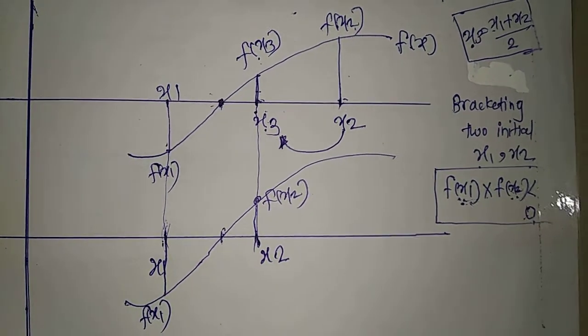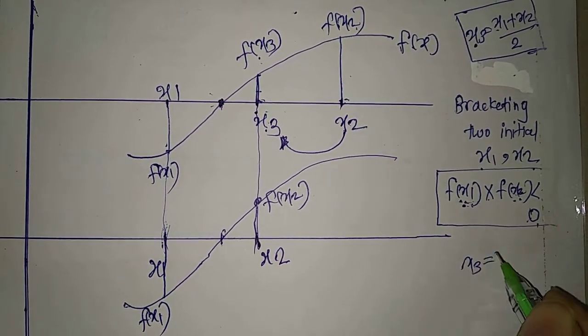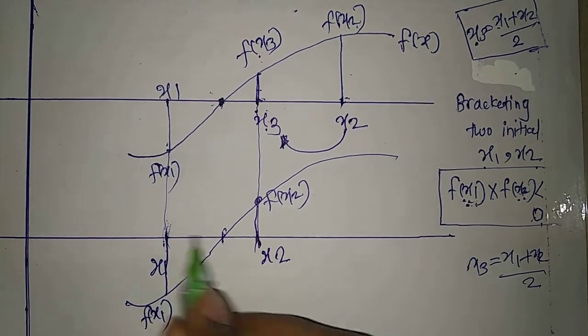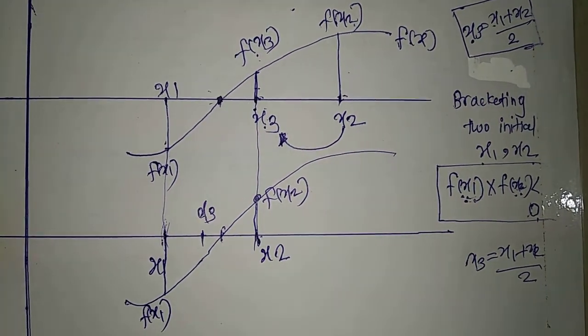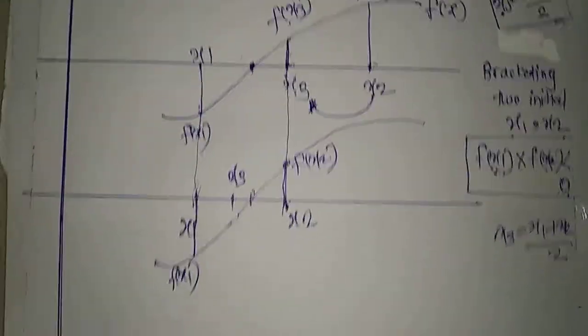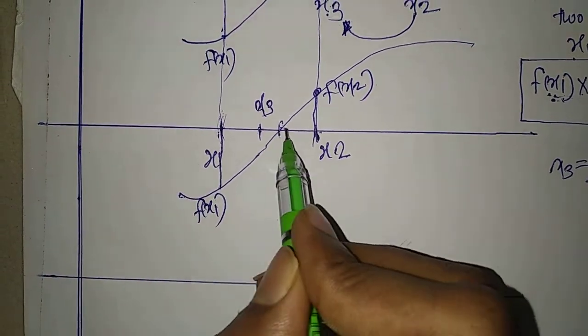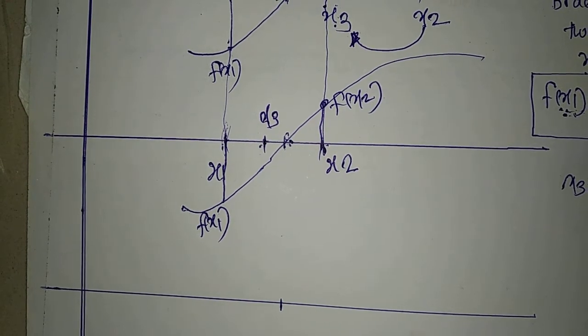So as per our procedure, x3 is x1 plus x2 by 2, the midpoint of these. Again, in this case, x3 is not our exact root, so we are going to repeat the same procedure.